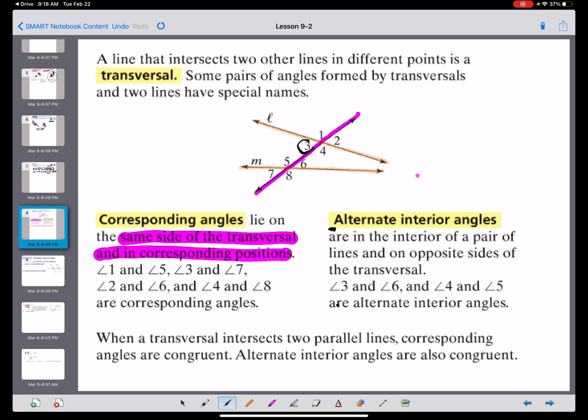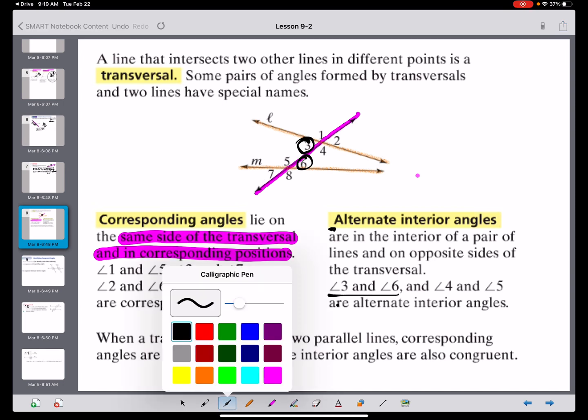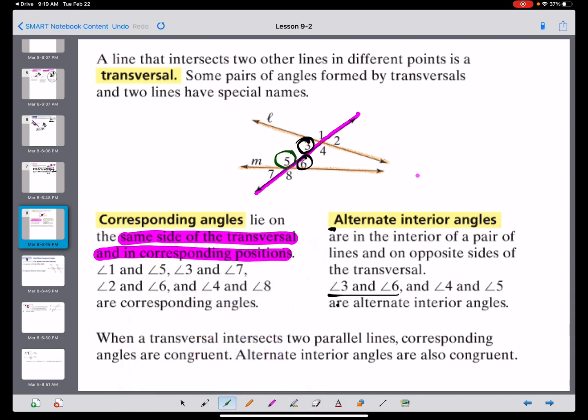So opposite sides would be 3 and 6. They are alternate interior angles, 3 and 6. Another pair of alternate interior angles would be 5 and 4. They're both interior, but they're on alternate sides of the transversal, that purple highlighted line.